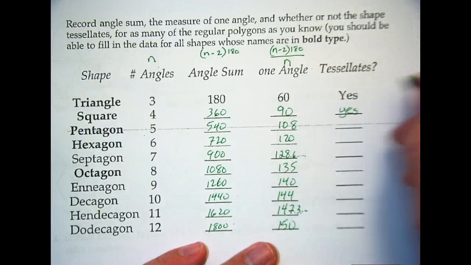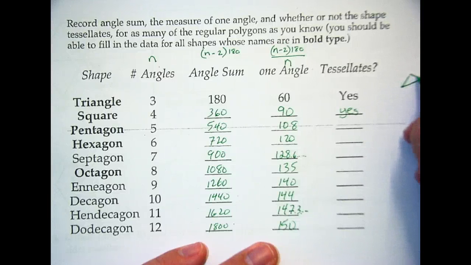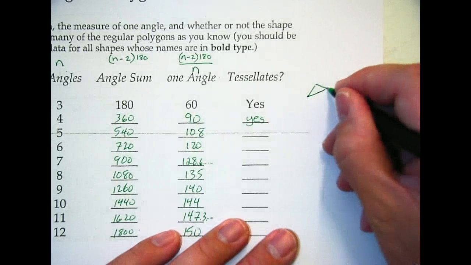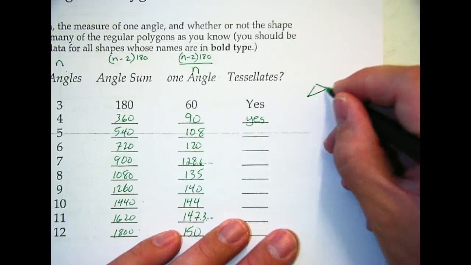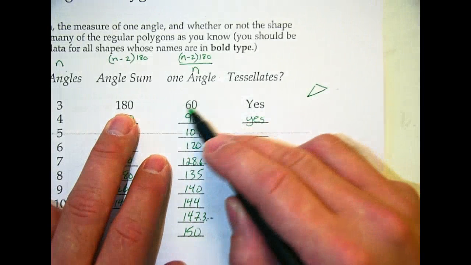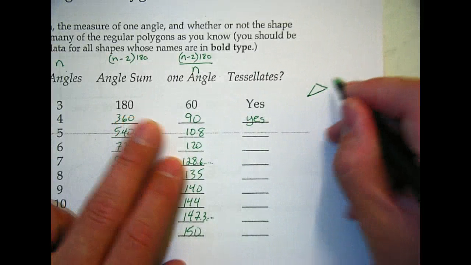If I have a triangle, when my 3 angles come together, in order to tessellate, let's actually just draw the angle in there. I'm trying to get all the angles to add up to 360 degrees.